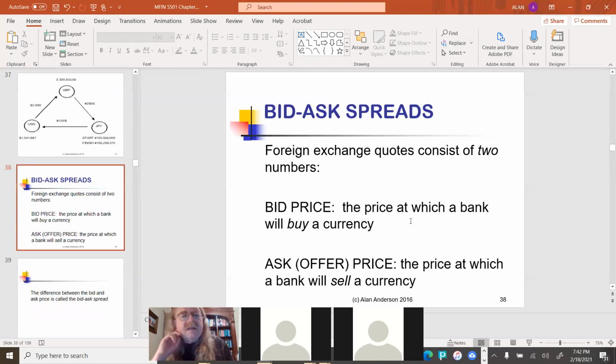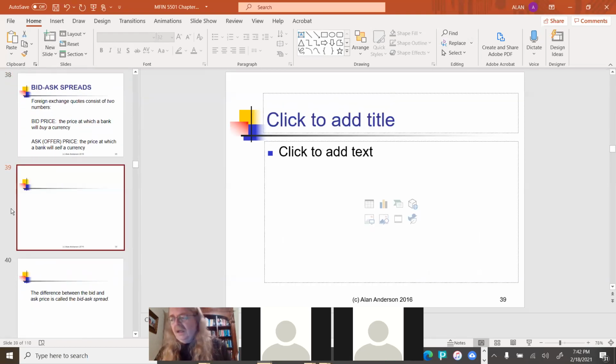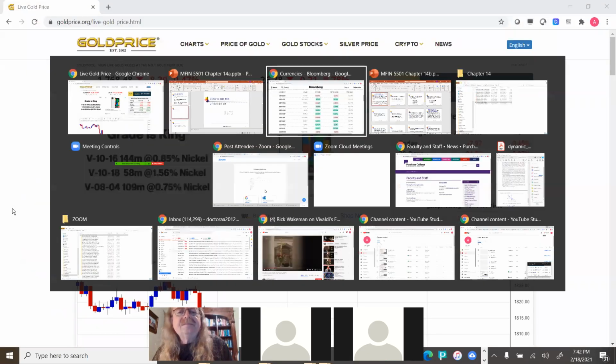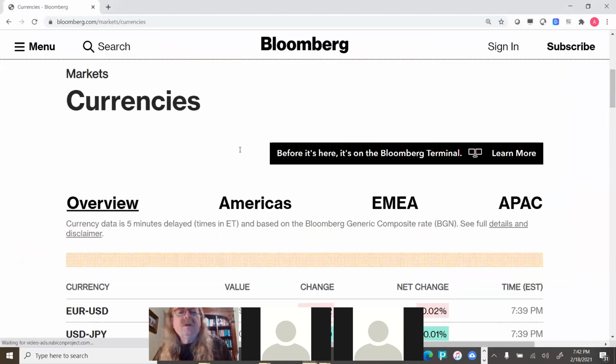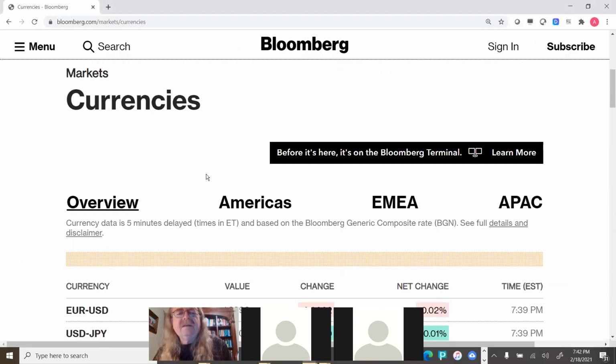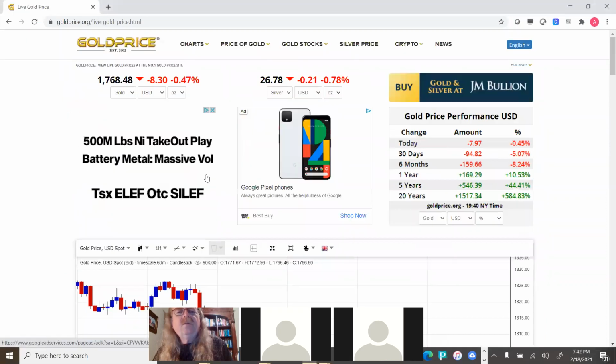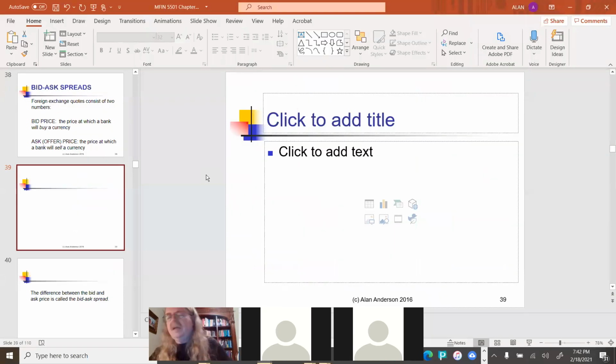Okay, now we're going to take a step back for a second and remind ourselves, the last time you went to a foreign country, you may have noticed something interesting about the exchange rate quotes, which we did not see, by the way, on this Bloomberg page, and I'll explain to you why in a second. You would have walked up to the booth and said, listen, I'm getting ready to jump on a flight to London.